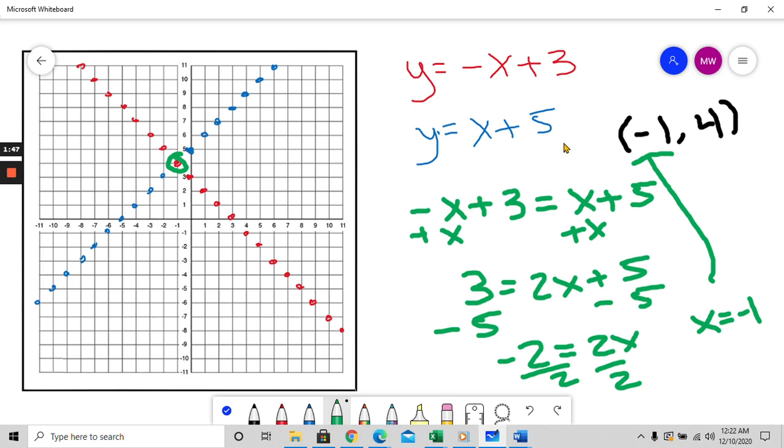Now, if I take that negative 1 and I plug it back in, and if I say y equals negative 1 plus 5, well, negative 1 plus 5 equals 4.